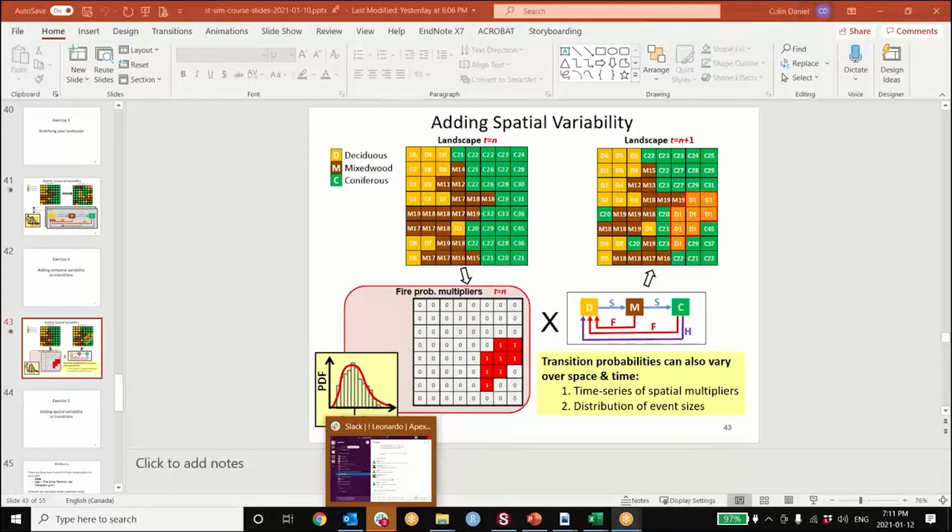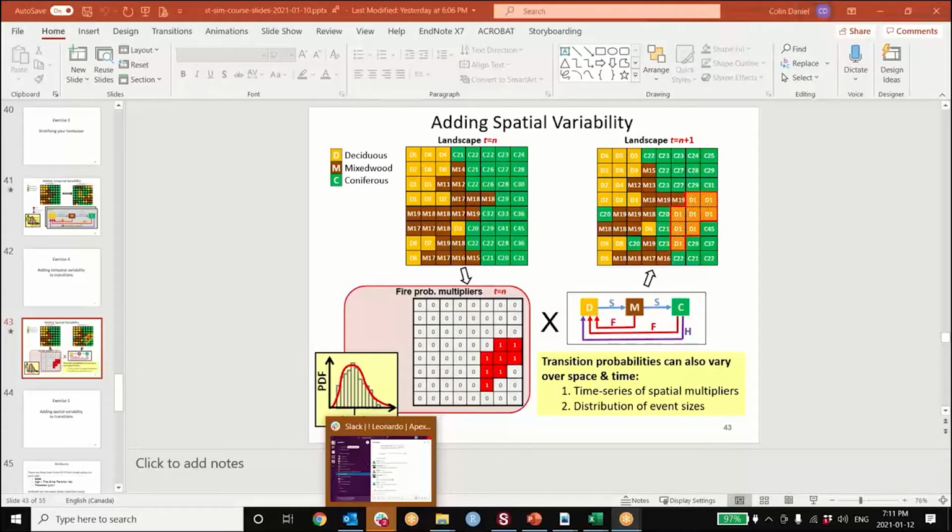Or you can have higher multipliers along roads, or you can shape the spatial pattern of transitions by constraining it and then allowing it with other features to grow in other ways, but use the multipliers to provide some base constraints on where the transitions occur. That is another example of how it gets used a lot.